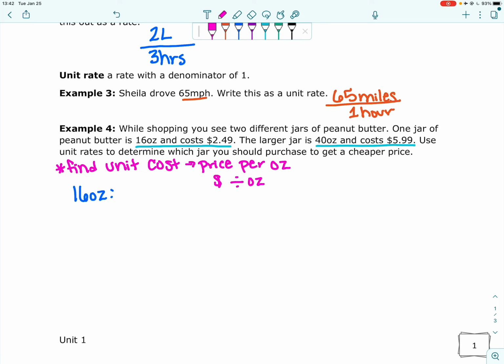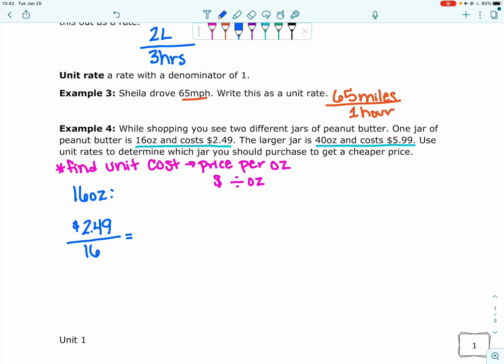It's the price for each ounce that we're buying. How much does it cost for each ounce that we buy? Price per ounce. So the price is $2.49. And for that $2.49, we're going to get 16 ounces of peanut butter.